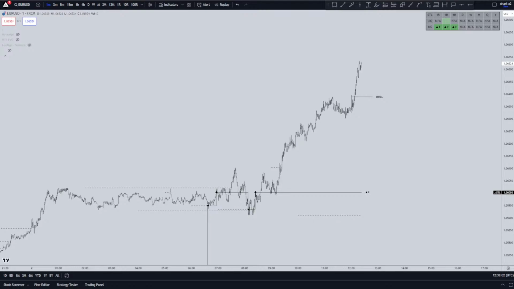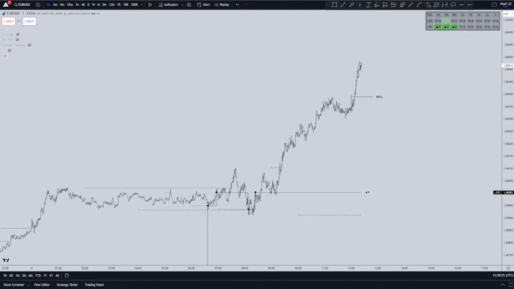Please, can you show us how you invalidate stolen bias? So first we should look for peak formation, then the open, and how to use it.